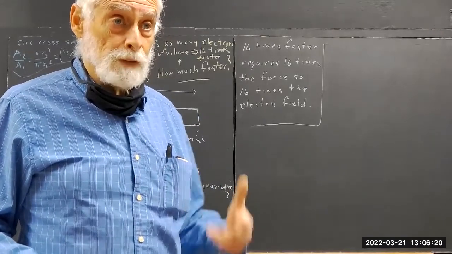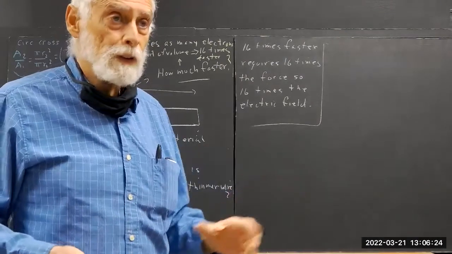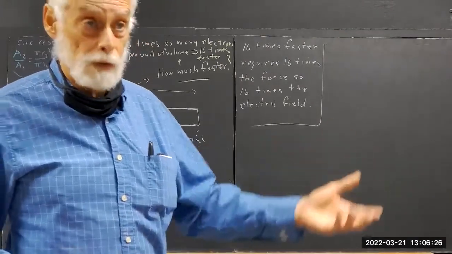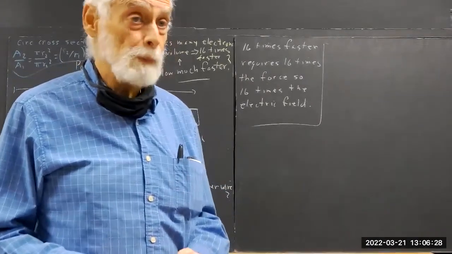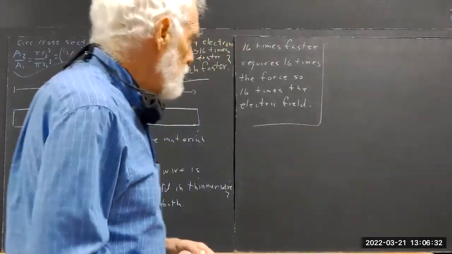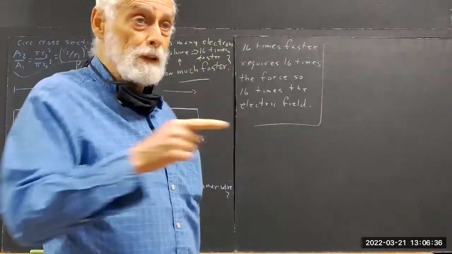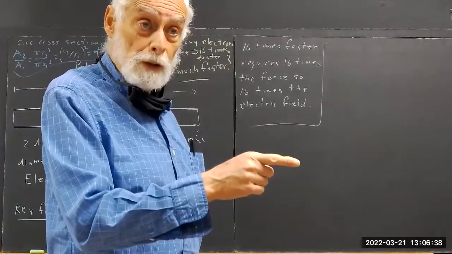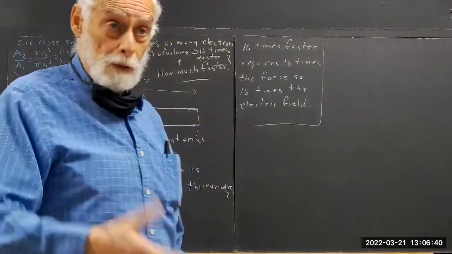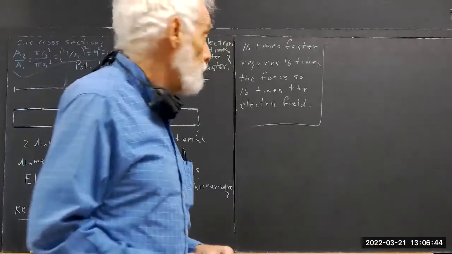And 16 times the acceleration over a given distance is going to give you 16 times the average velocity. It just comes back to uniform acceleration. That's complicated because these things are moving in random directions and you're talking about the acceleration only in one direction, but it works out. So you need 16 times the electric field.